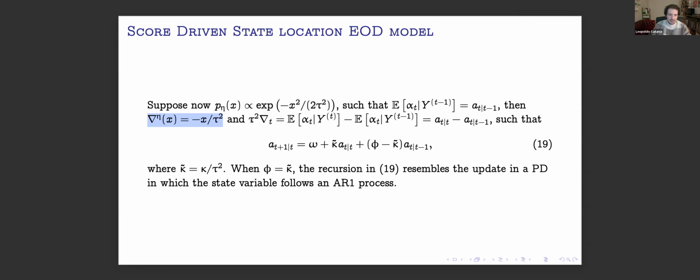And if we compute, for example, tau squared times this, what we obtain is that the u_t variable, so the score we would use to update the dynamic parameter, is simply the difference between the filtered and predictive estimate of the state variable. And this is exactly what's going on in a Kalman filter.